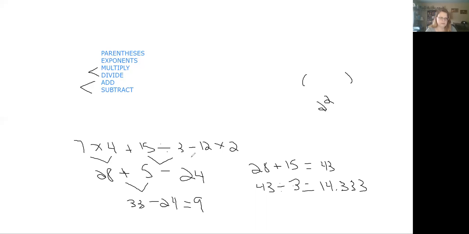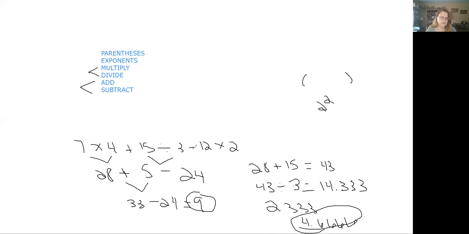And then if we subtracted this 12, we're going to be left with 2.333, and the 3's actually go on forever. Take that times the 2, and we're going to have something like 4.666 going on forever. A very different answer than this.